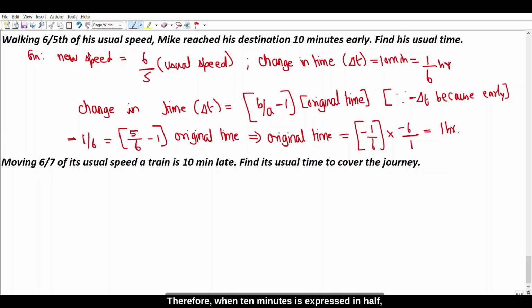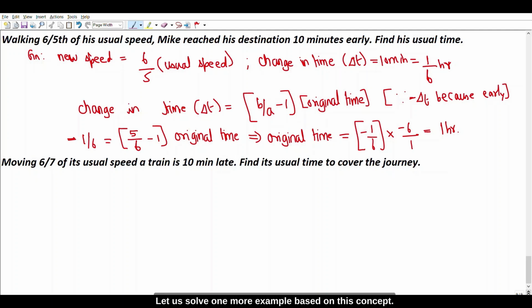Therefore, when 10 minutes is expressed in hours, it is called as 1 by 6. Therefore, minus of 1 by 6 is equal to, in the question, speed would have been given as A by B, but while substituting in the formula, we have to reciprocate it as B by A. Therefore, 6 by 5 becomes 5 by 6. That is minus 1 by 6 is equal to 5 by 6 minus 1 of original time. Upon solving, we get the usual time at which Mike travels as 1 hour.